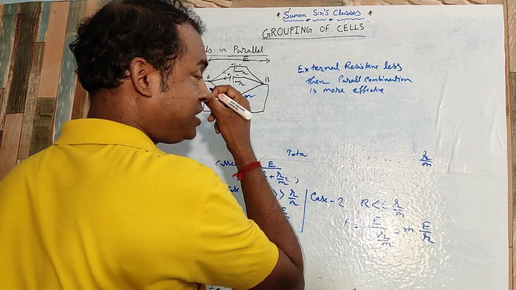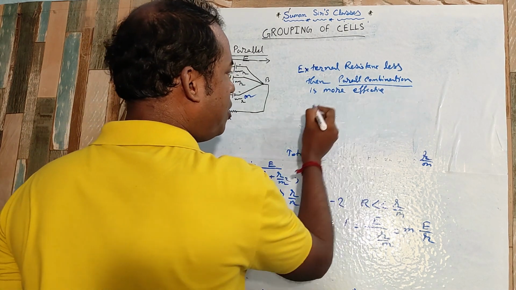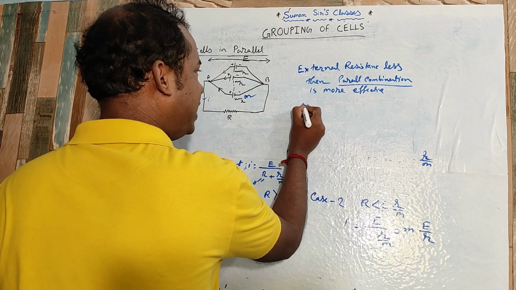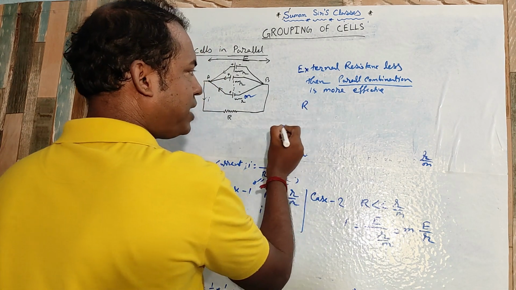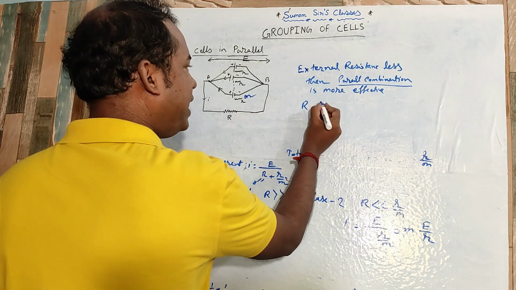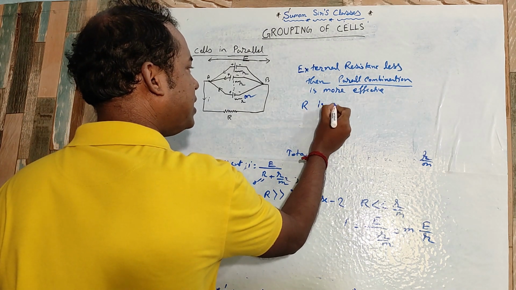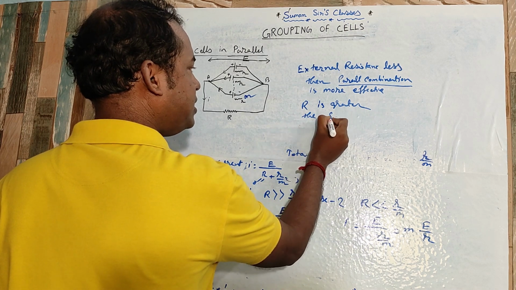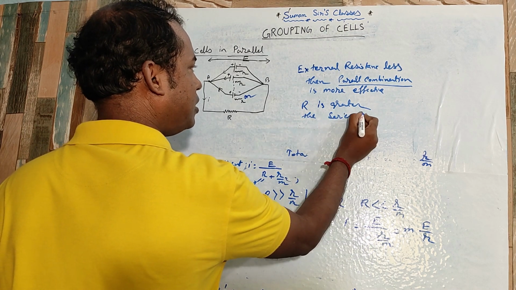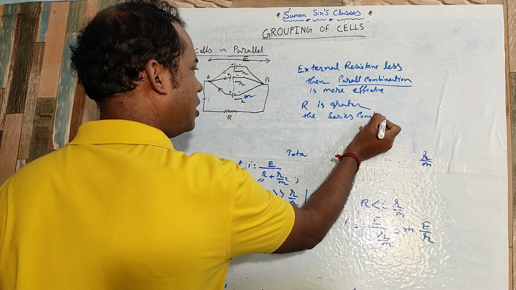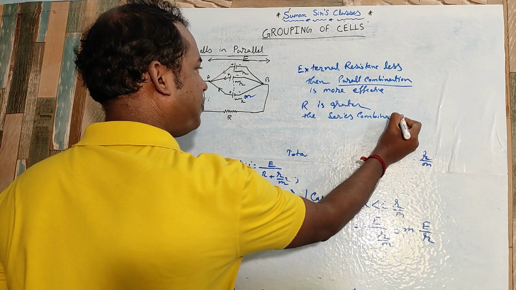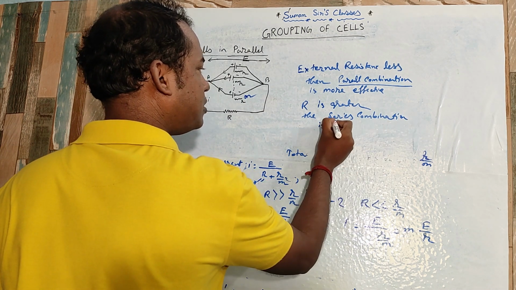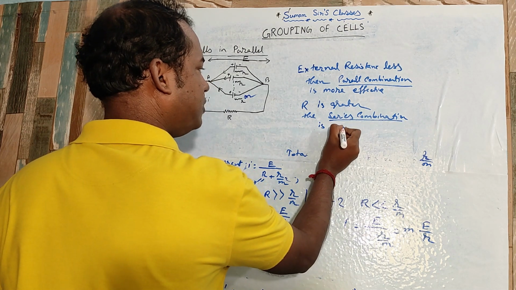And for the series combination, same thing: if the external resistance, that is the capital R, is greater, then the series combination is more effective.